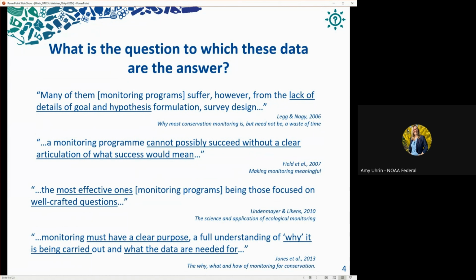And failing to explicitly state what the goals of the monitoring are, or what you'd like to learn from a monitoring program, is a primary weakness in most ecological monitoring programs. And the reason being is that the question you're asking and how you frame that question is going to dictate all aspects of how you actually sample in the field. And so that's what we're going to work through next.